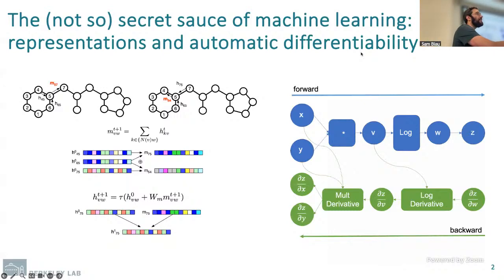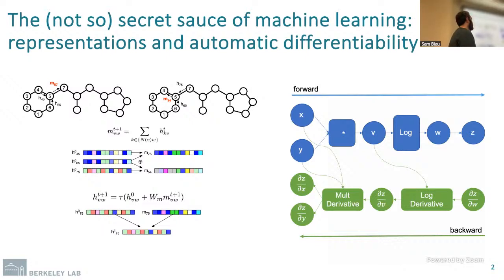I'd say that the not so secret sauce of what makes machine learning powerful and possible is a combination of two things. One is the ability to represent the types of systems that we care about in a way that is appropriate and information dense for machine learning. Here, I'm just showing that molecules can be represented as graphs, which makes them well suited for machine learning applications.